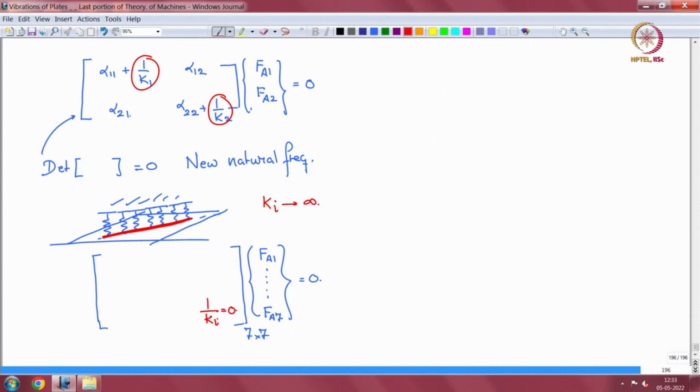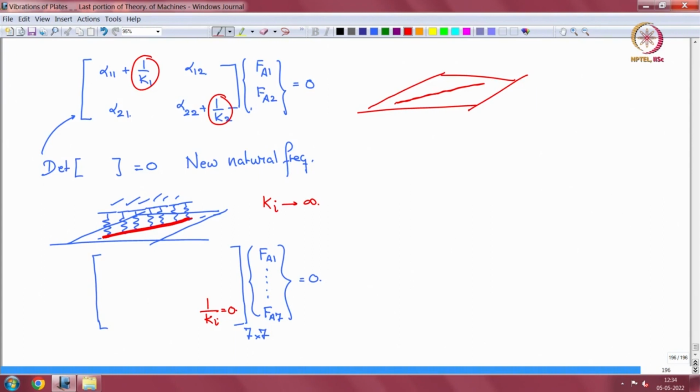Then this will approximate a zero displacement constraint along that line. In actuality, there will be some minor displacements in between, but it will effectively be a line constraint. The more springs you put, the better you get. So you get a line constraint along that direction.